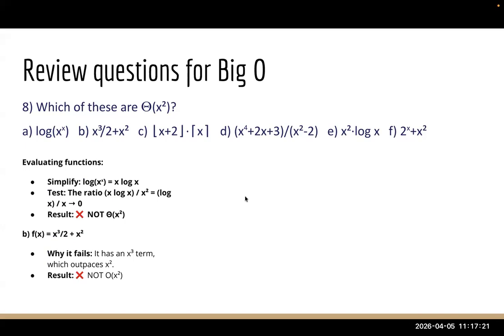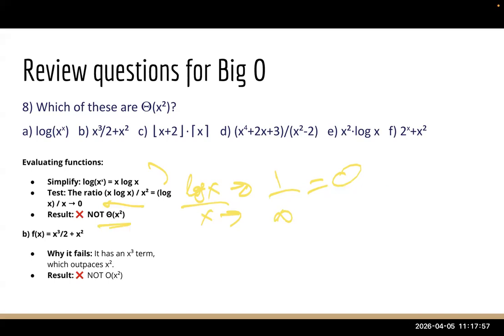So as you can see for this one, log x to the power x becomes x log x, and ultimately a remainder of log x over x is left after simplification with the ratio test. x outpaces log x since it has a greater growth order, and it's technically 1 over infinity, which is 0. That's why the theta condition is not met.